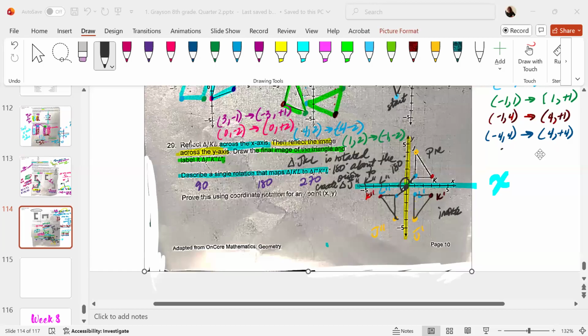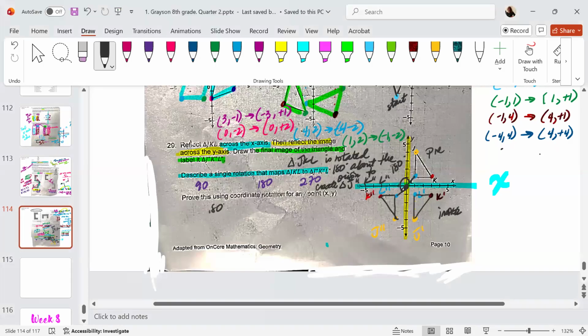Okay, so since this is a 180-degree rotation, right? What is the formula again? x, y turns into negative x, negative y. We're going to prove that, correct? Yes. So let's start off with the pre-image. The pre-image, what is the blue one? That's 1, 1. Yes. What's the red one?